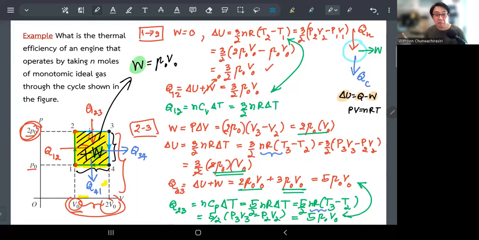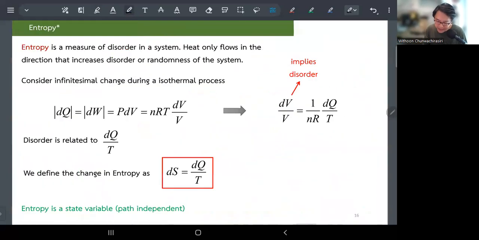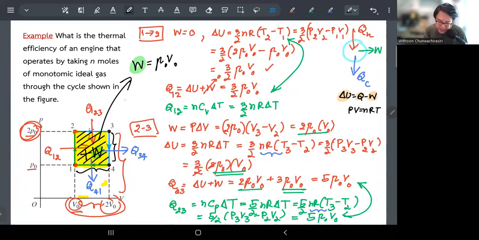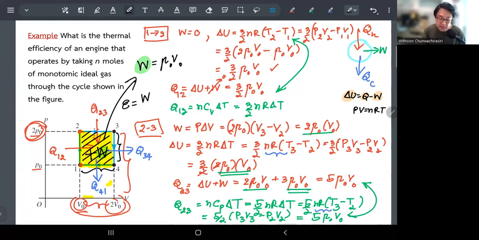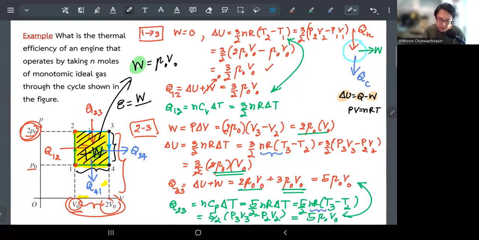Okay, so I think you don't need anything more, because the efficiency by definition is what you get over what you have to provide. What you're getting is W. What you have to provide as a heat source is, of course, Q12 and Q23. Yeah, that's the incoming heat.